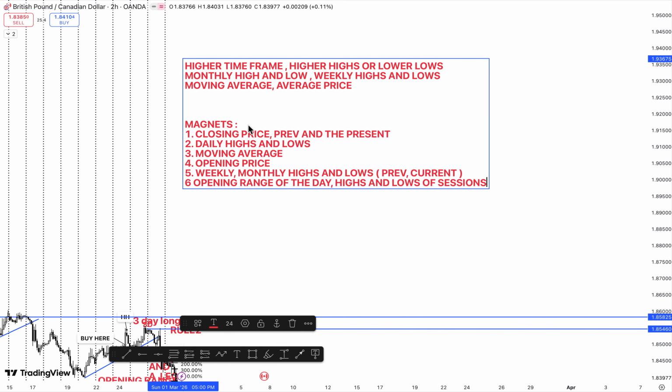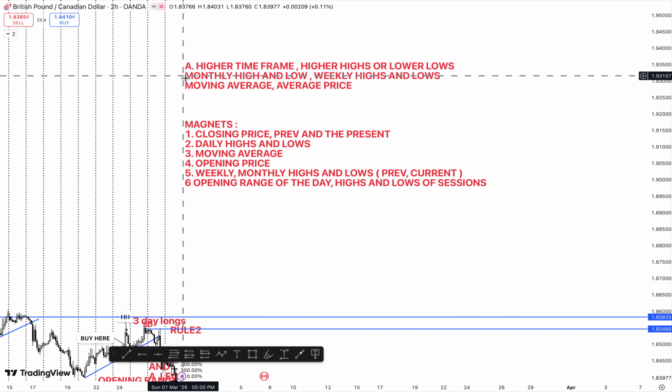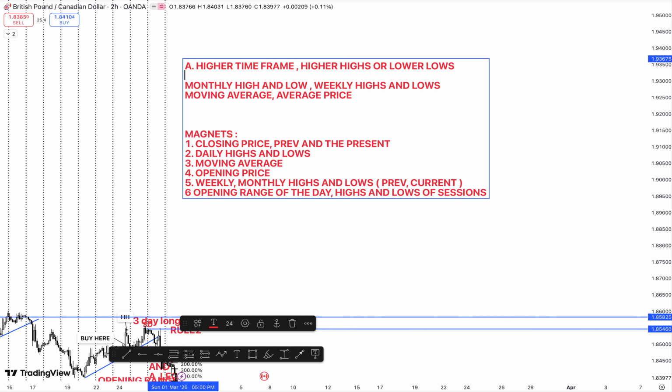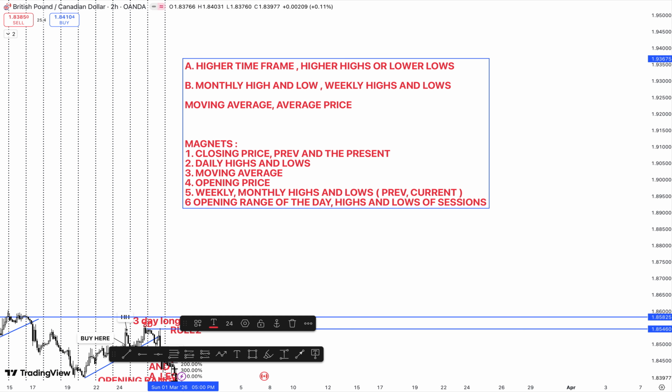We want to make sure we identify magnets after doing this. Label this A, B, and moving average. So we identify magnets.